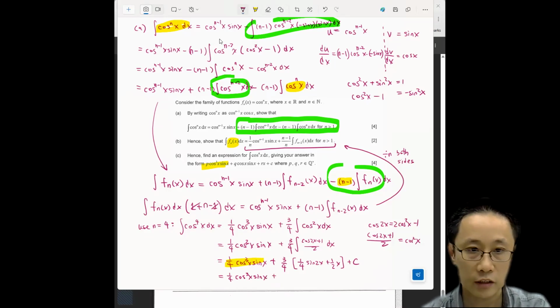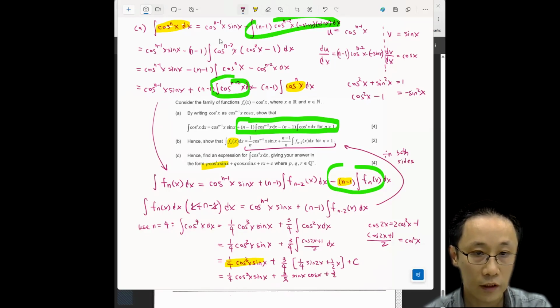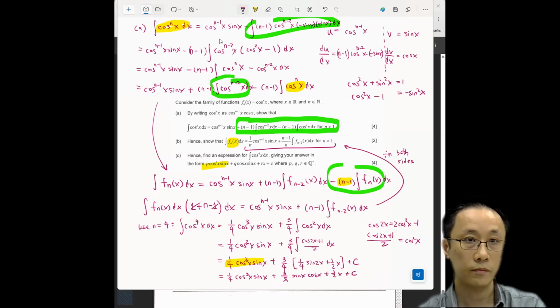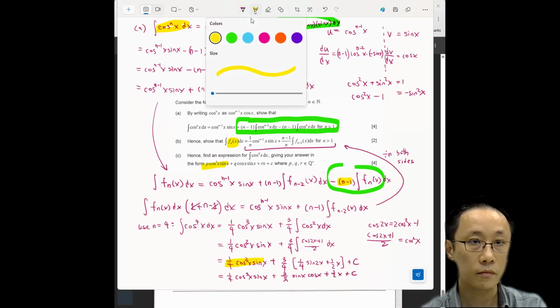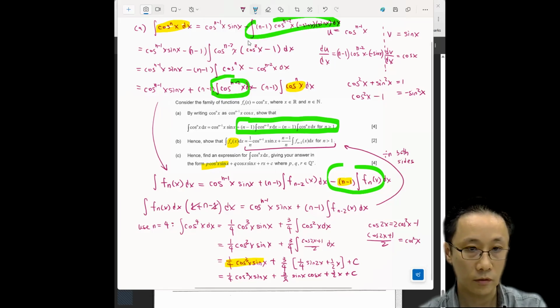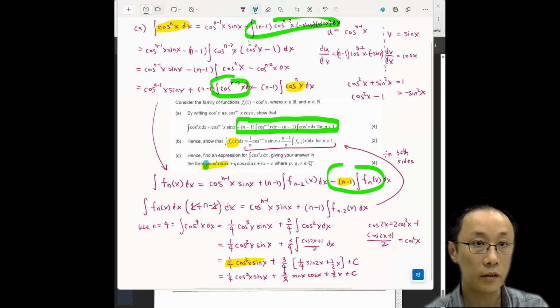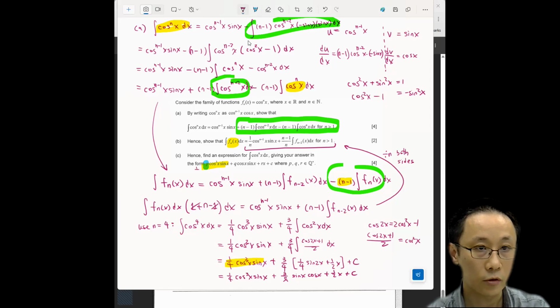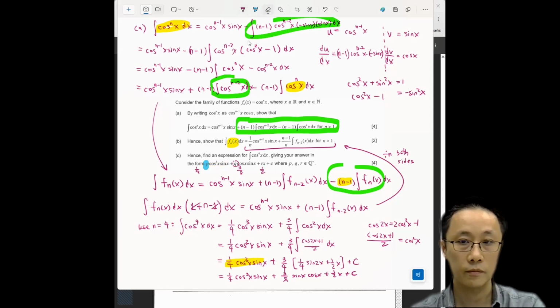We'll have 3 over 16, but then we have a 2 coming out from sine 2x. So 3 over 8 sine x cos x plus half x plus c. So we can claim that P equals to a quarter, and Q equals to 3 over 8, and R equals a half. So that should be it for part C.